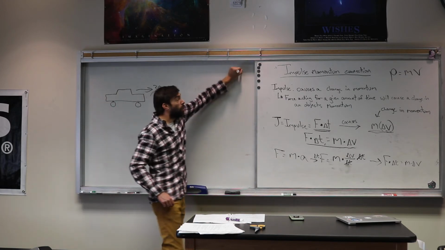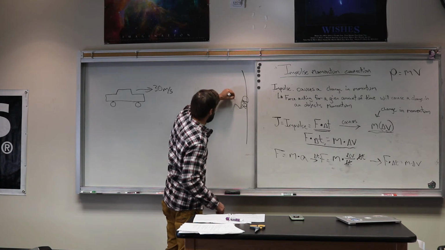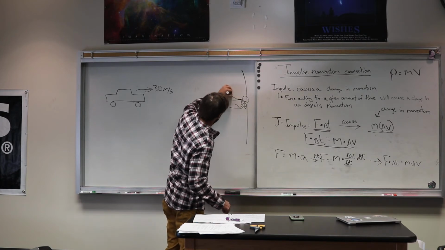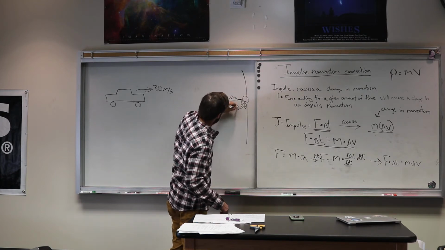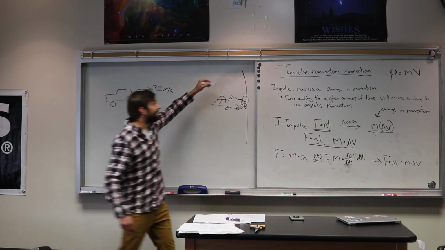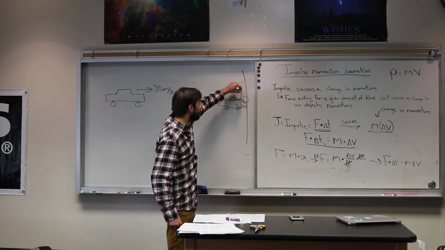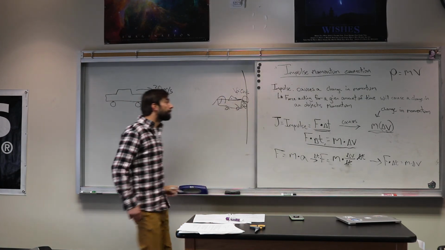And then it hits a wall, and the car is crumpled. It's a crumpled mess of a car, and its velocity is 0. V final equals 0 meters per second.